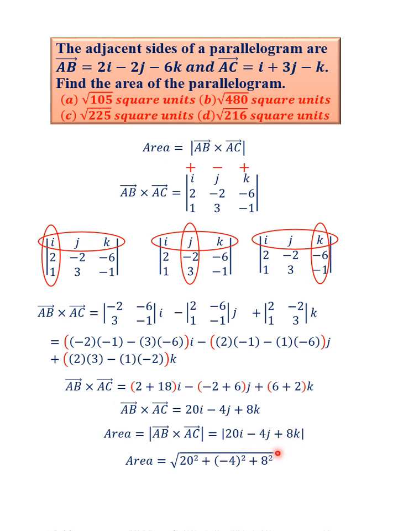So we have the square root of 20 squared, plus minus 4 squared, plus 8 squared. 20 squared is 400, minus 4 squared is 16, and 8 squared is 64. The square root of the whole thing will be square root 480, once you add all these values together. And so our answer is option B, square root 480 square meters.